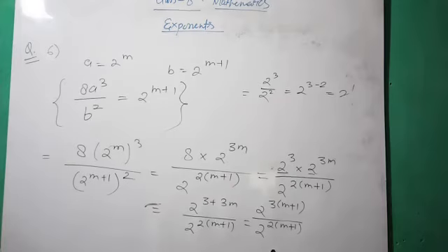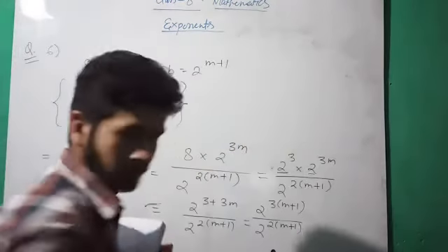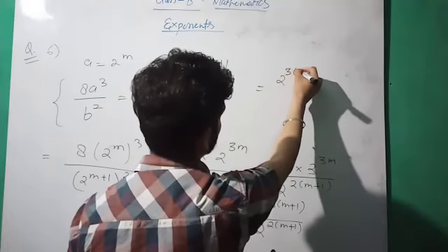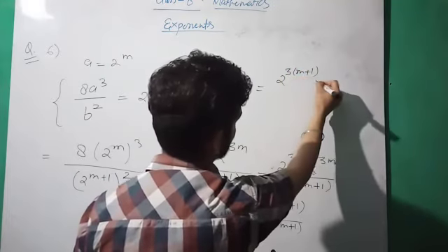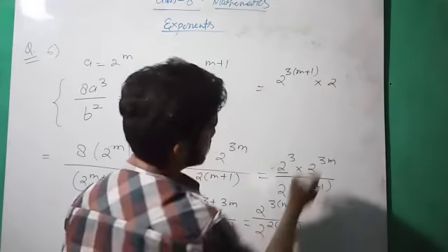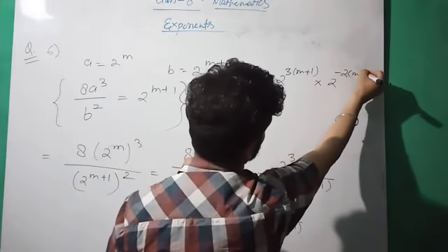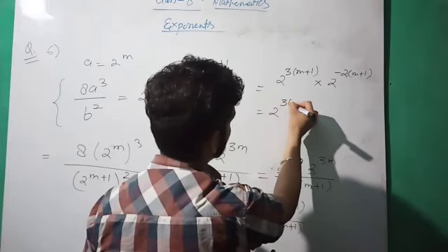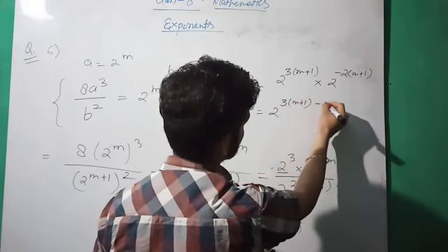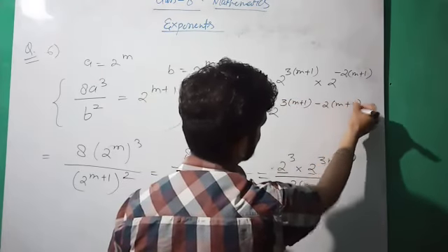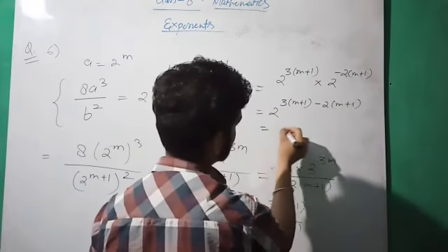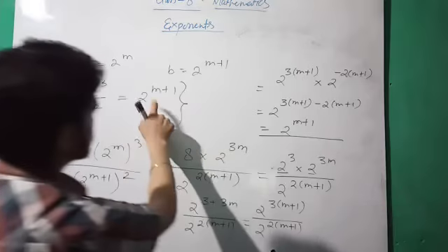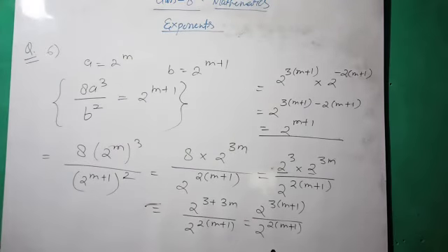Similarly, here we can write this term as 2 to the power 3 times m plus 1 into 2 to the power minus 2m plus 1. So 3m plus 1 minus 2m plus 1, we have m plus 1. So our answer is 2 to the power m plus 1. Hence proved.